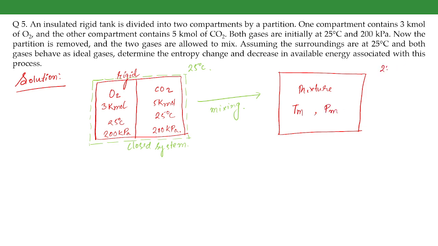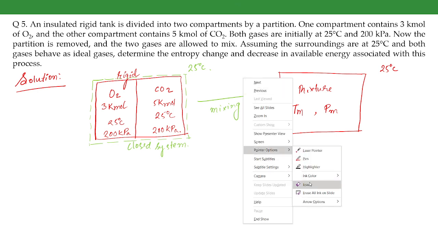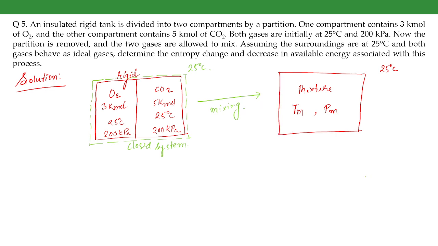Okay, and the surrounding is still at 25 degrees Celsius and the system remains the same. This is a closed system. So this is a problem. A rigid tank with mixed gases, after the partition is removed, there is a mixing of the gases, and the entire process occurs in a closed system.